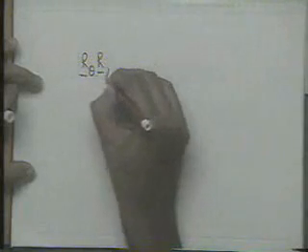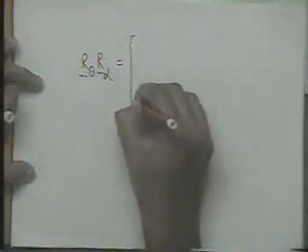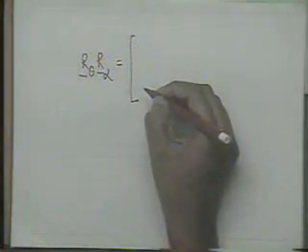So what do we get as R theta, R alpha? I am getting it like this.